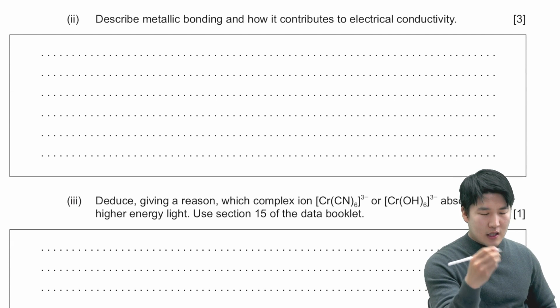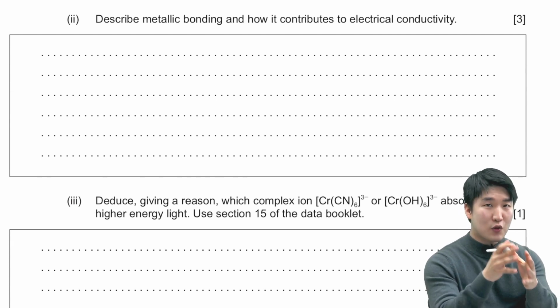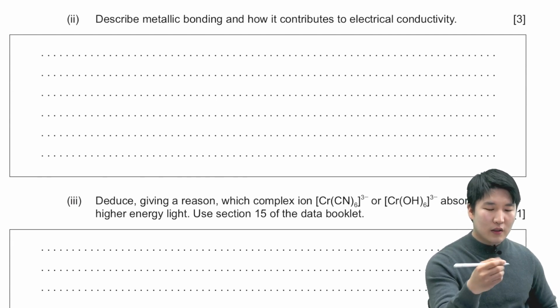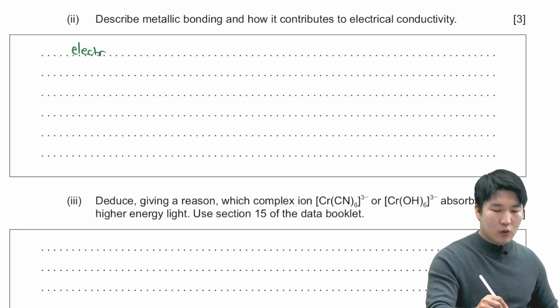Metallic bonding is defined as the electrostatic attraction between what and what?